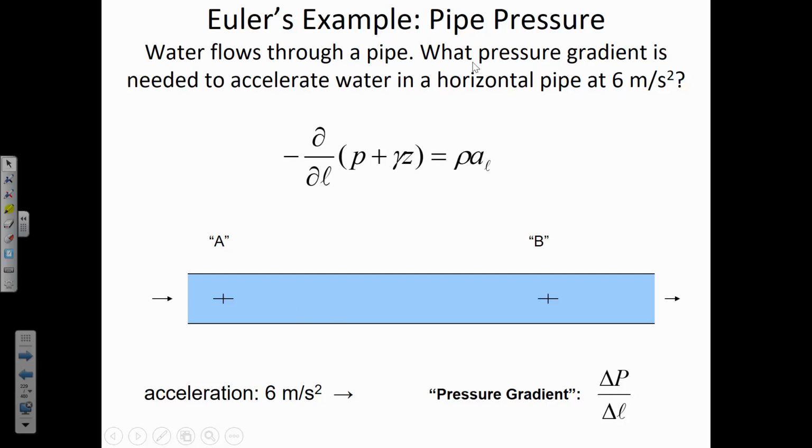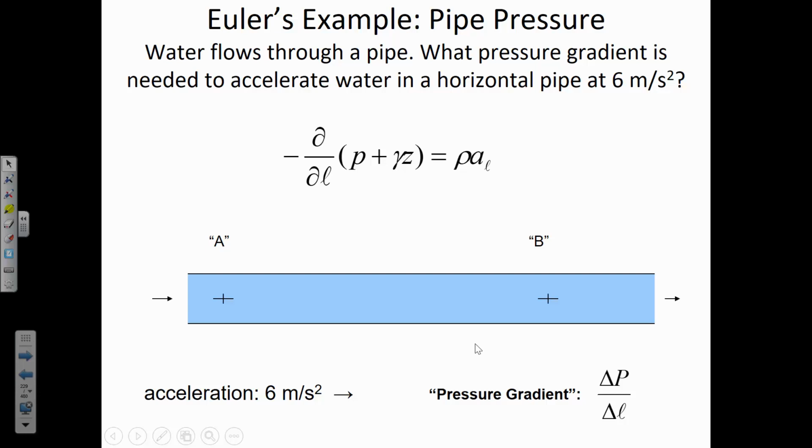So pressure gradient, what that means is a change in pressure over some distance. So if we just arbitrarily picked a couple of points and said, well, let's assume that these 2 points are 1 meter apart. What we want to know is how much higher does the pressure at A have to be compared to the pressure at B in order for the water to be accelerating in the right direction at 6 meters per second squared.